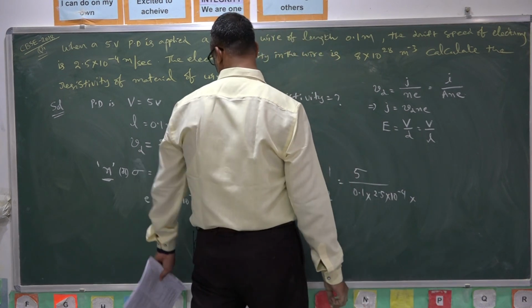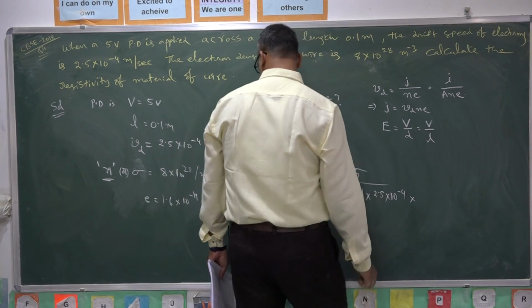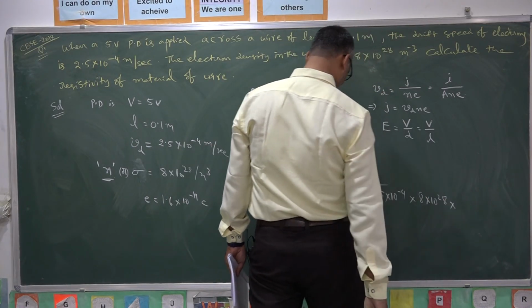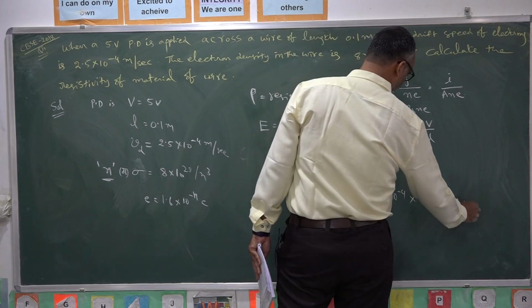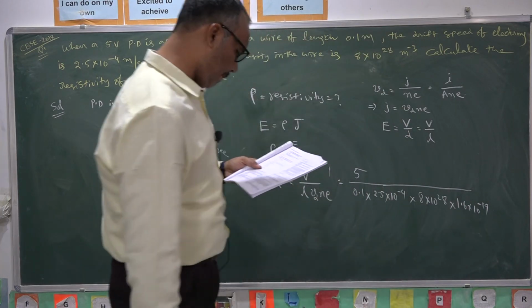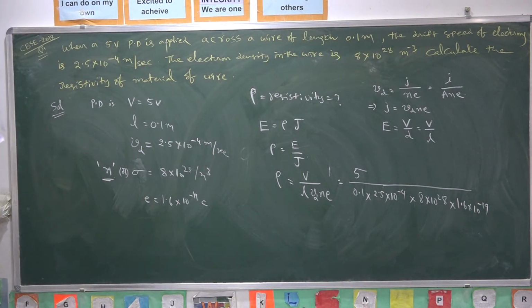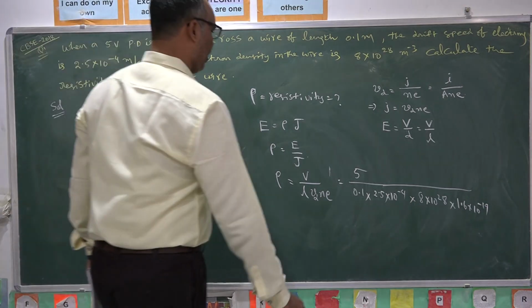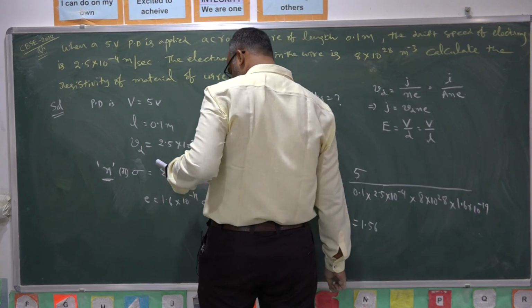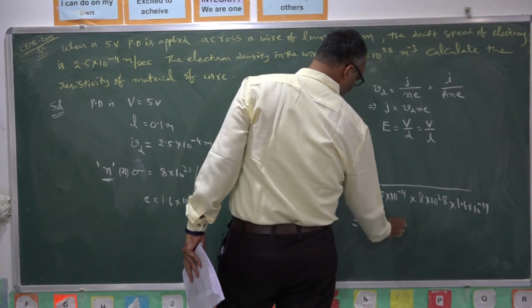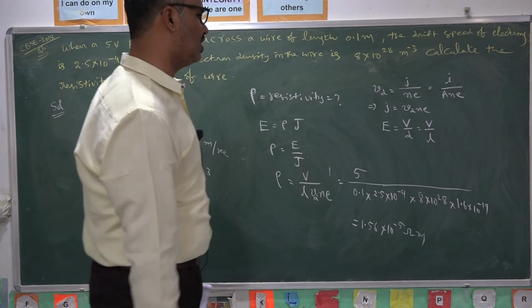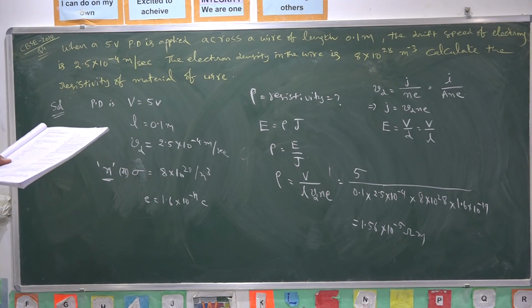Vd Ne, N means number of charge carriers, 8 into 10 power 28, and 1.6 into 10 power minus 19. This is all in the denominator. On simplification of this, you will get 1.56 into 10 power minus 5 ohm meter. 1.56 into 10 power minus 5 ohm meter is the answer for this question.